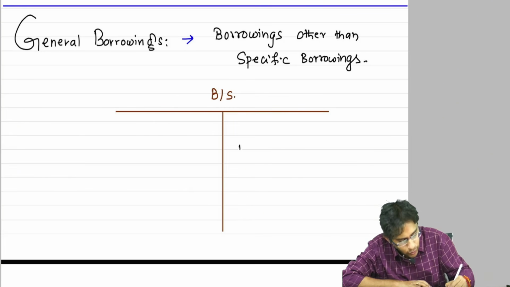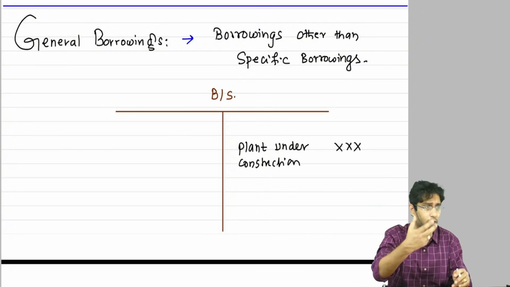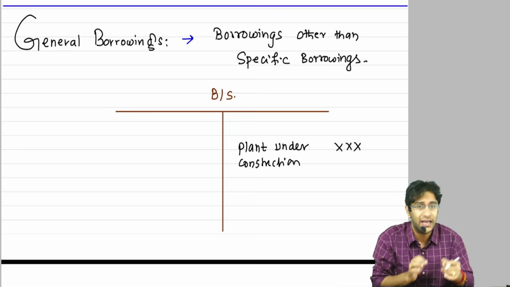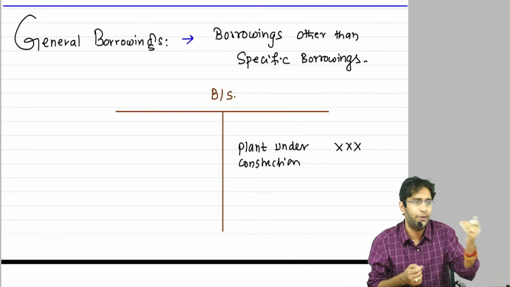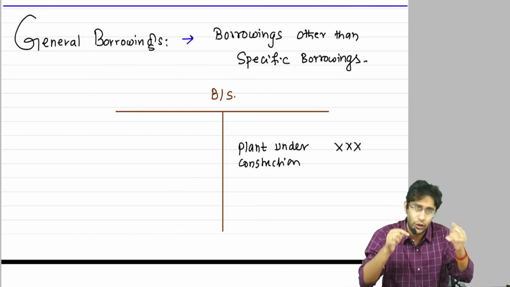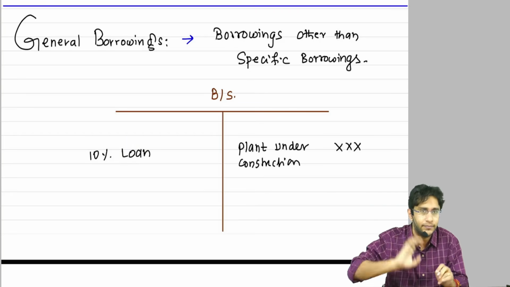Now, see, ma'am, you are constructing a plant. You are spending money, the work is going on. For this plant, exclusively, you did not borrow any money. You never went to SBI, submitted a proposal, nothing. But in your balance sheet, already one 10% loan is there which you have taken long back.